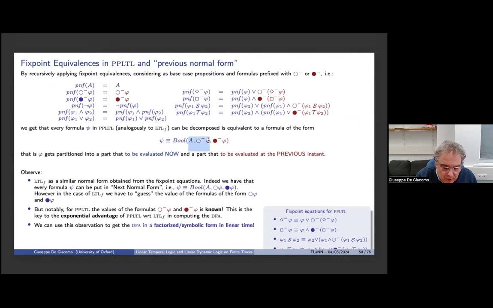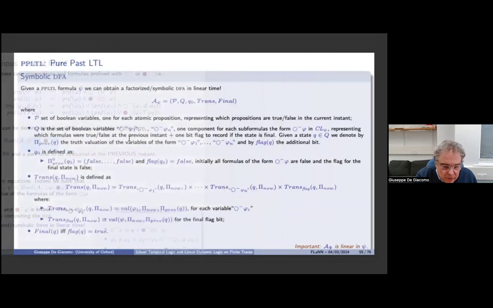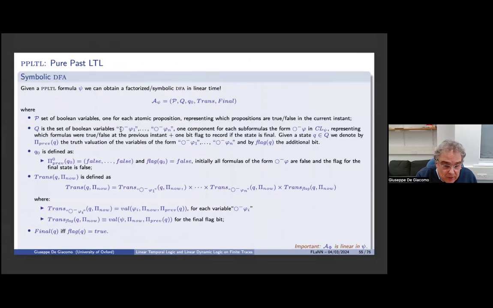We have only things in strong form. So we can keep track of the value of these propositions starting from the beginning in the state of the automaton. And then you have a flag to tell you if a certain formula is true.